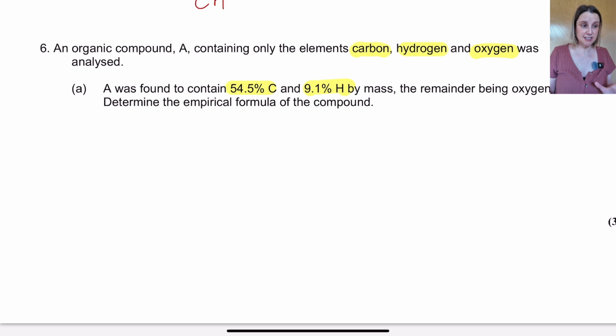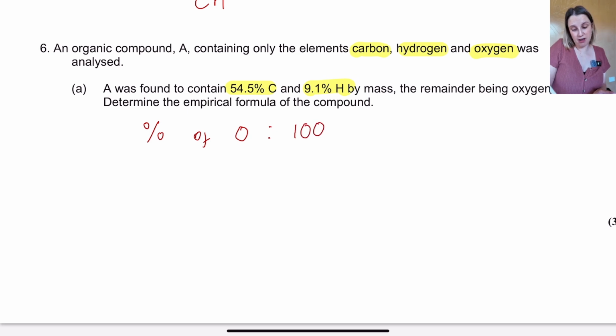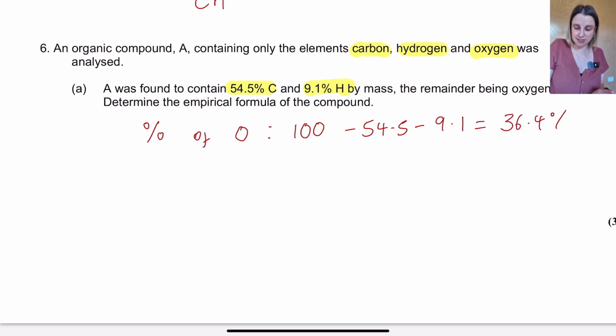The first thing we're going to need to do is to work out the percentage of oxygen in this compound. So to do that, we're going to take our 100% and we're just going to minus the percentages of hydrogen and the percentages of carbon from this. So this overall, if we check our calculator, should give you 36.4% left over.